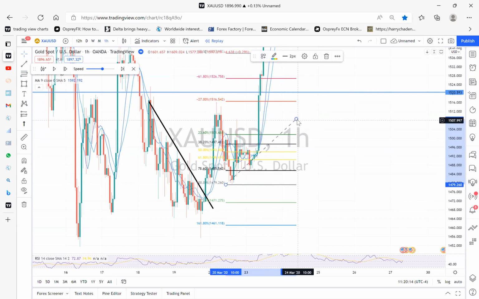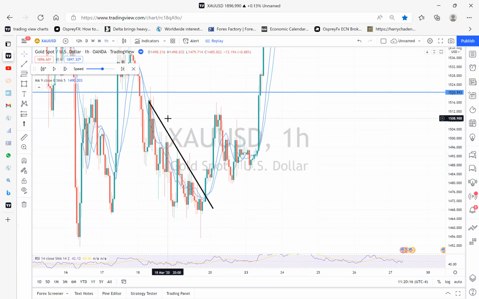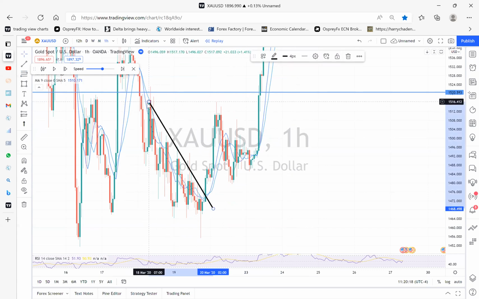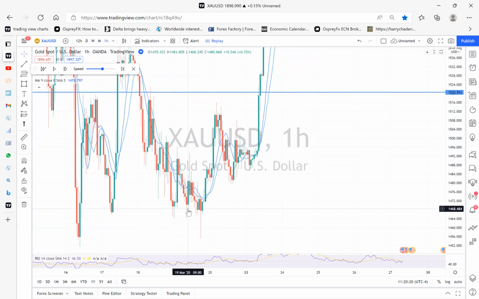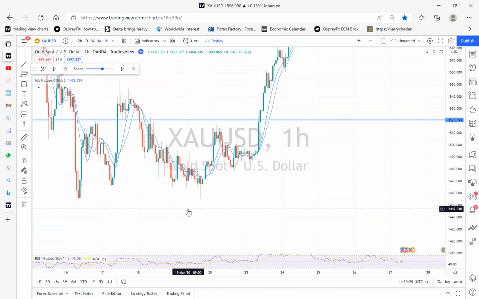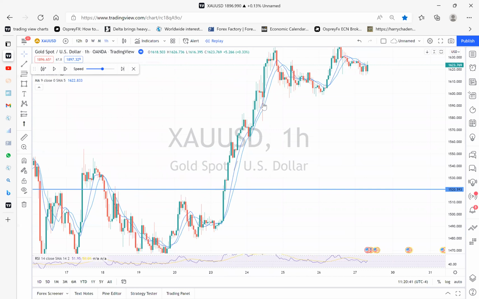So if you can identify your schematics, they will help you. They will help confirm your direction. They'll help confirm what is going on. Don't just say this is consolidation. It's not just consolidation. It's a schematic playing out, and it gives you your move. It sets you up for this huge move right here.